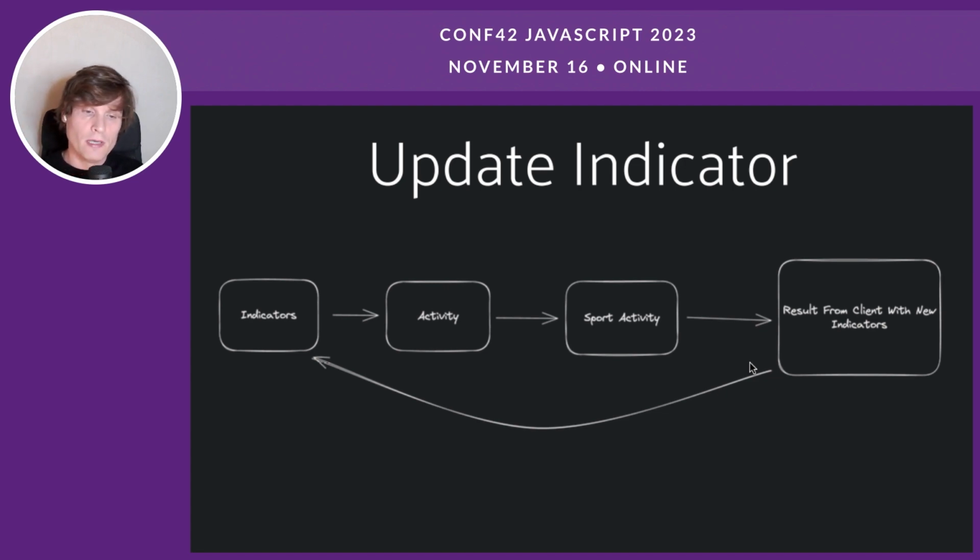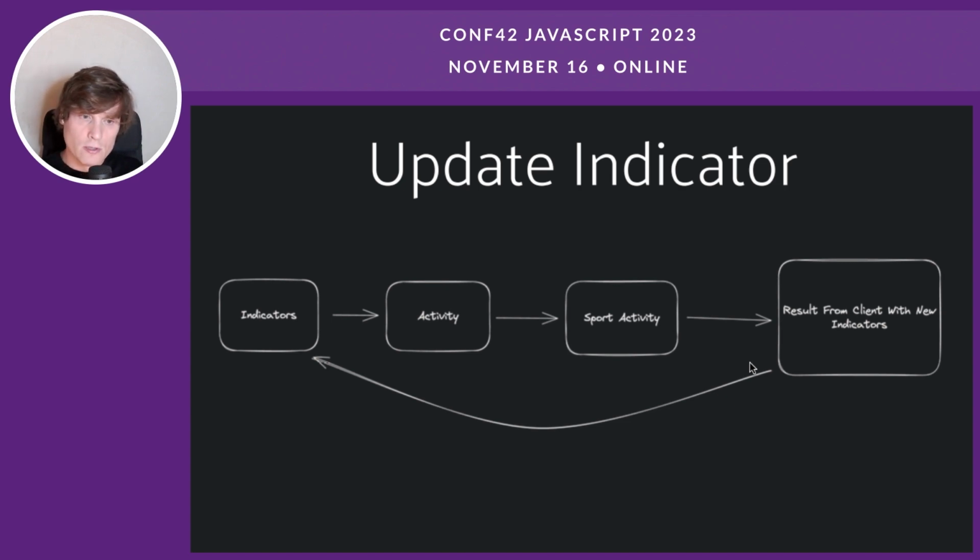So we have to update to say, hey, I'm doing a bit differently. My lifestyle has changed, and I have to update my indicators. I think I have a different weight, and those indicators will affect the next activity you're going to accomplish.